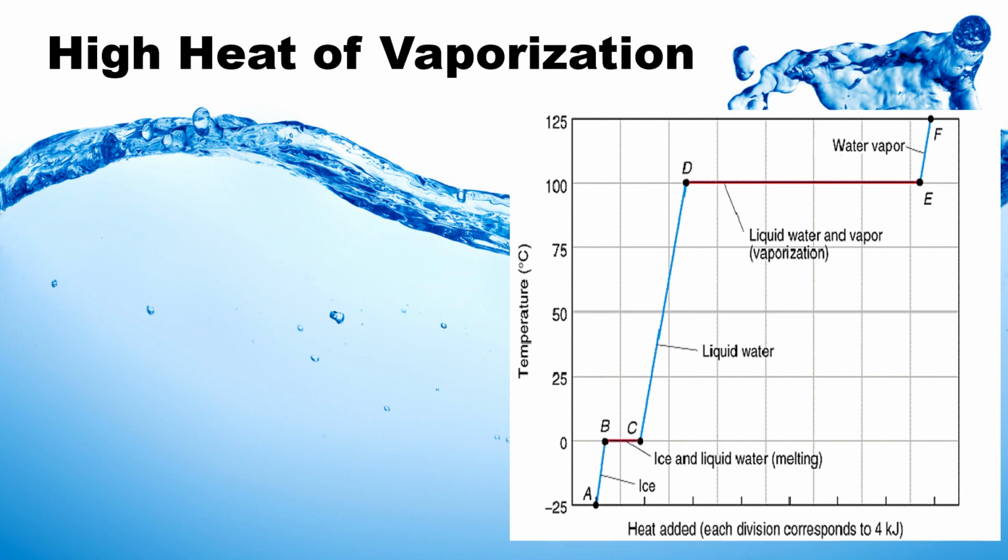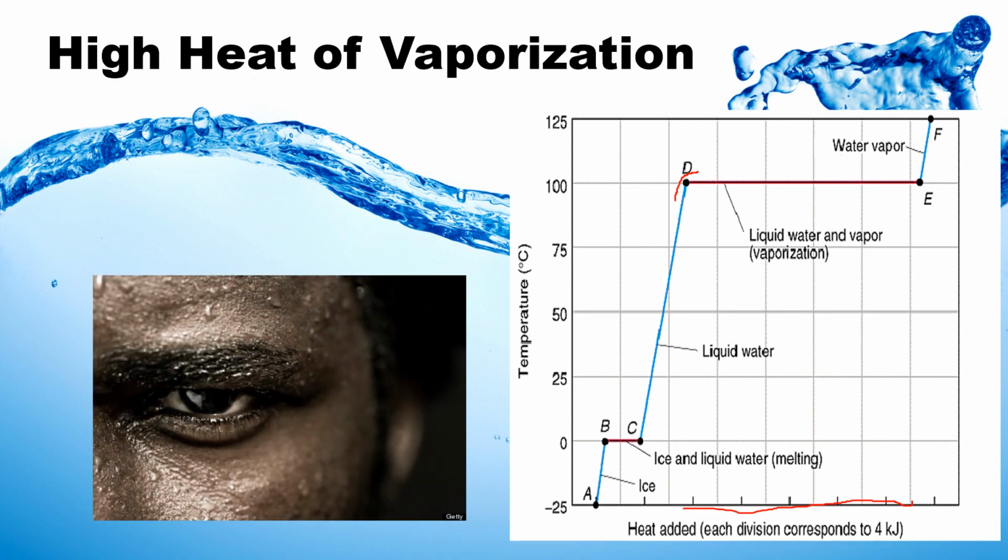And as you can see in this diagram here, once we get up to this region here, the temperature stops going up, even though we're adding a whole host of energy. That energy is not making the temperature go up. It's going into causing the hydrogen bonds to break so that they can break apart and the water can turn into a vapor.